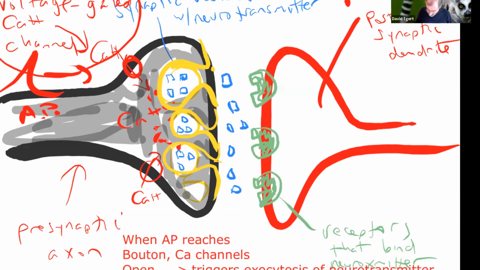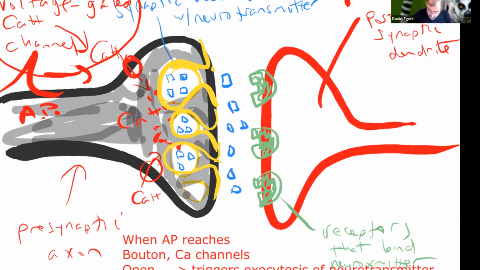So trigger, this is really, I could say the release of the neurotransmitter. So that part makes sense. The action potential reaches the very end of the axon, and then these little boutons, these little knobs, release neurotransmitter into the cleft.